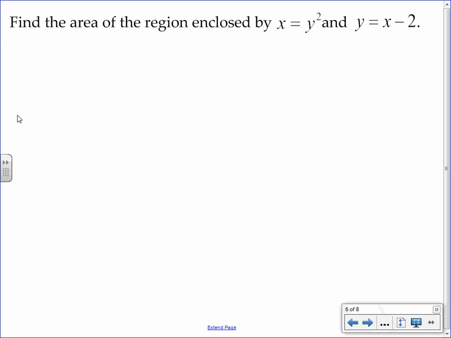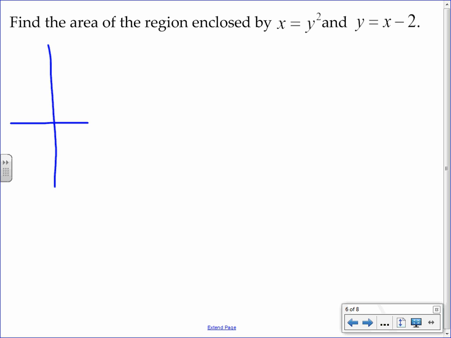Okay, we have the region. Excuse me. We have the region enclosed by y equals x squared and y equals x minus 2. Okay, now first of all, x equals what to? A sideways parabola, and it's going to open which way?